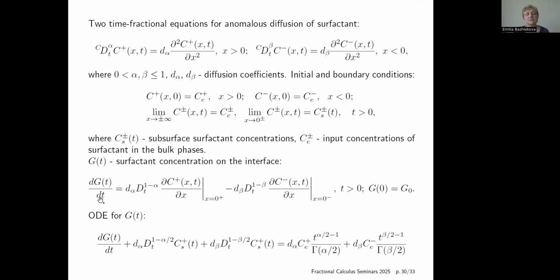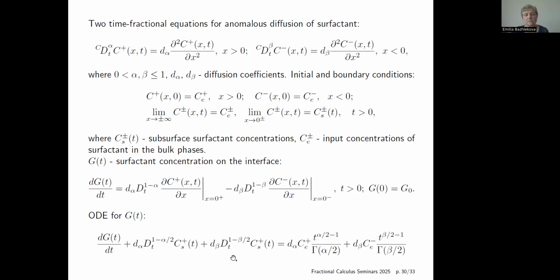And here the concentration of surfactant on the interface, its evolution is given by this equation, which leads to an ordinary differential equation for the function g, given here, which is a multi-term equation with fractional derivatives of different orders.